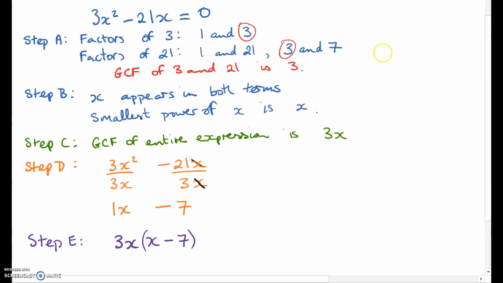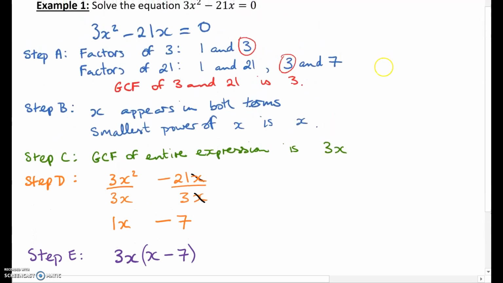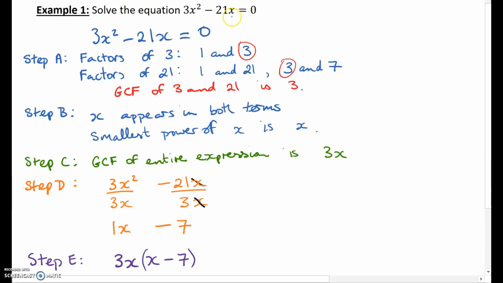Now what that means is that 3x squared minus 21x, which we had originally, can be written as 3x times x minus 7. They're written two different ways, but they're exactly the same value.